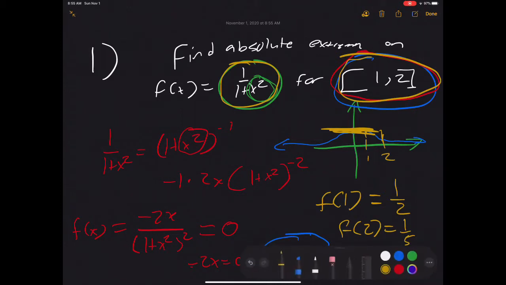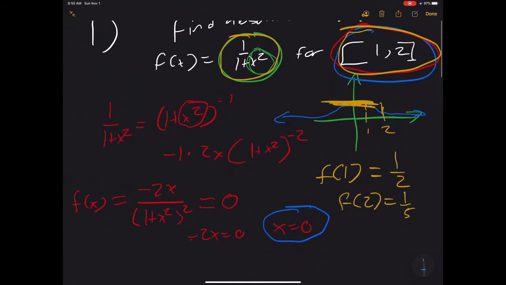Clearly 1/5 is smaller than 1/2, so our extrema are, let's say, in our range, our global minimum is x equals 2, and our global max is at x equals 1. Or y equals 1/5, y equals 1/2.